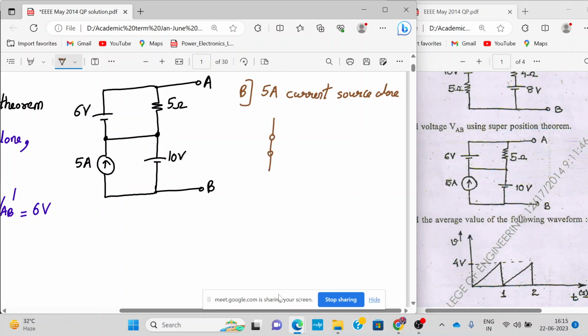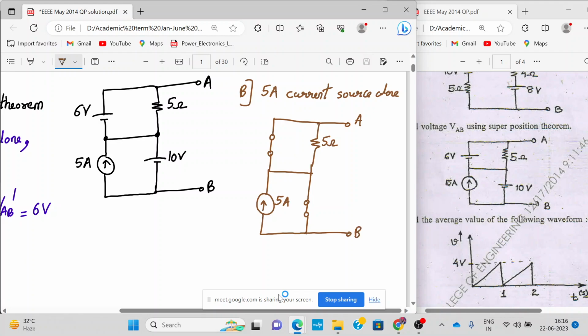So here this becomes a short circuit. Then we have the 5 ohms resistance. Then this also becomes a short circuit. We have the 5 ampere source. Now tell me what is VAB?